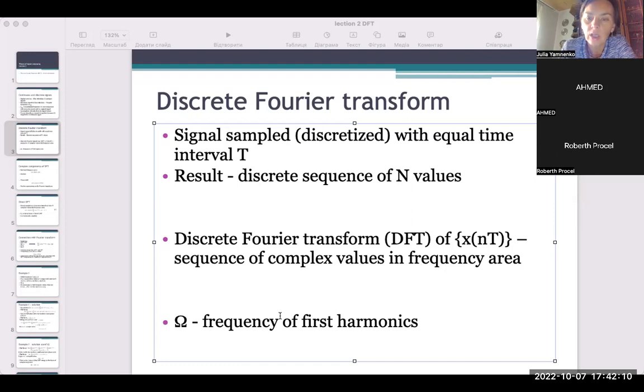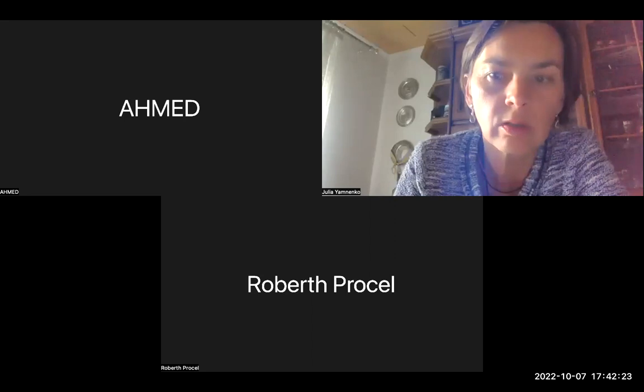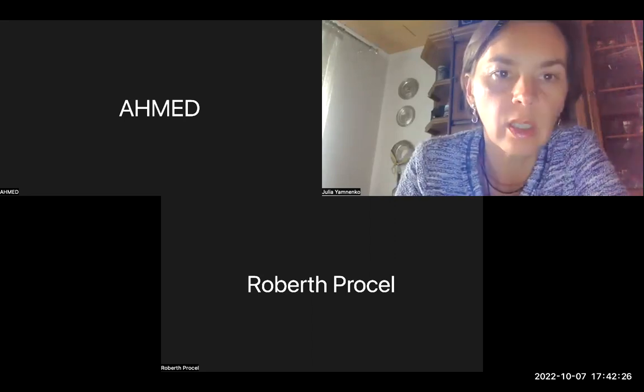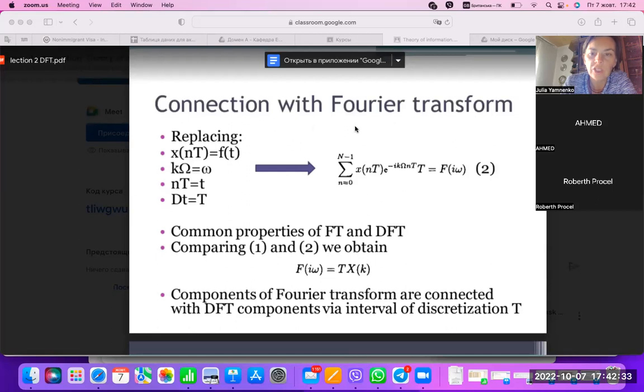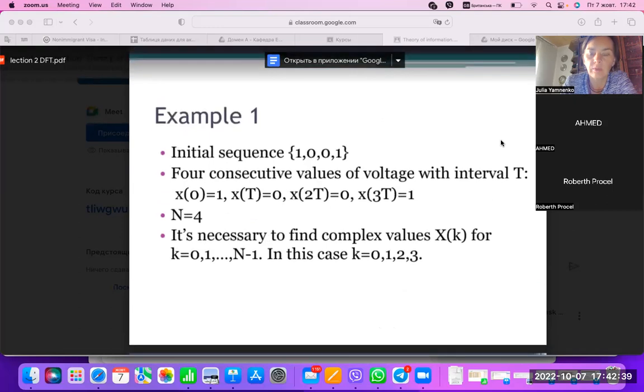No, I still see the slide that says signal sample, the last slide. No, slide number 3. Okay, I will stop sharing my screen and start again. What can you see now? Yes, now I can see the connection with Fourier transform. Okay, and now Example 1. Yes, exactly. You should have told me a little bit earlier, but okay.